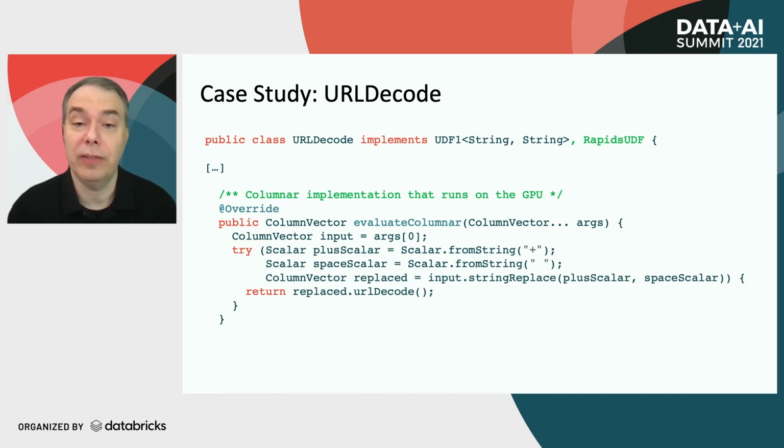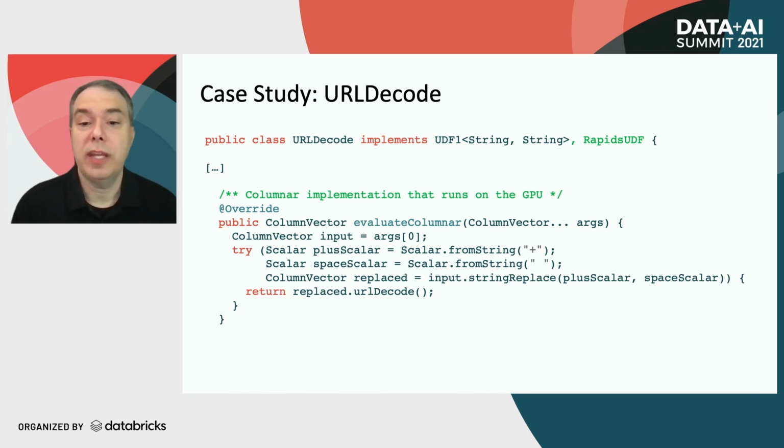So that's very convenient, and why this is a really simple, short example. A lot of the work was already done by cuDF. And in this case, it was almost a straight translation. The one hiccup is in cuDF, URL decoding only translates the hexadecimal escape sequences. It doesn't translate plus to space as the Java version does. So to be completely compatible, it goes ahead and does that as well.